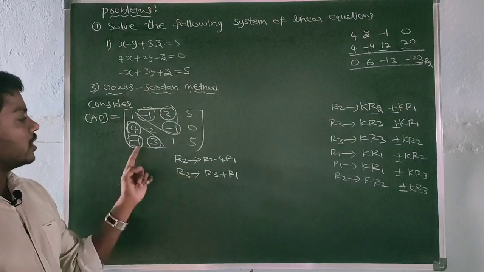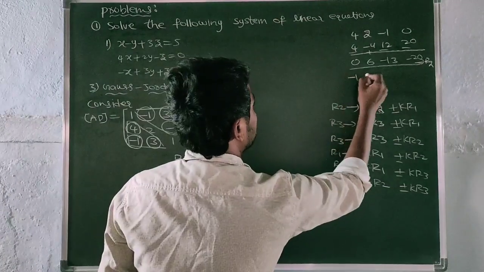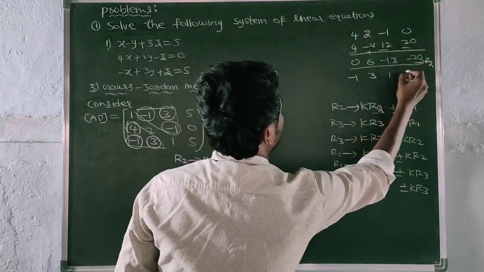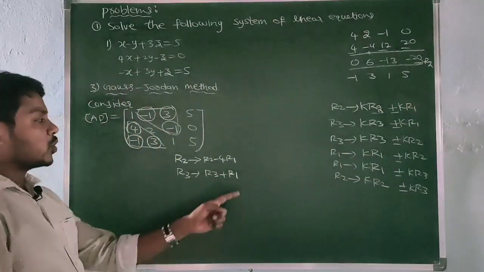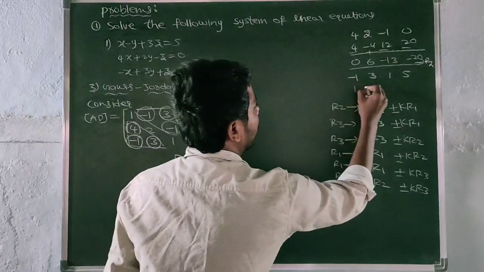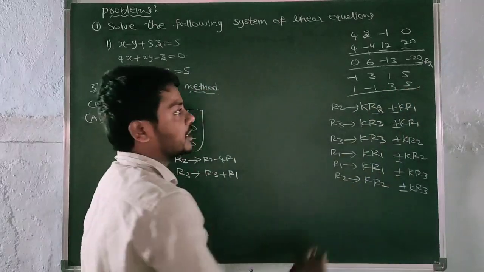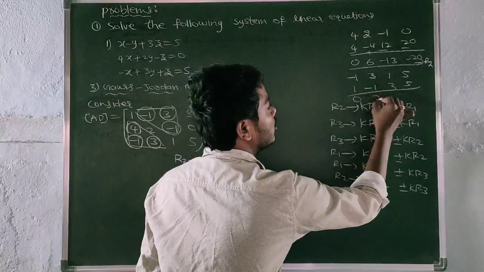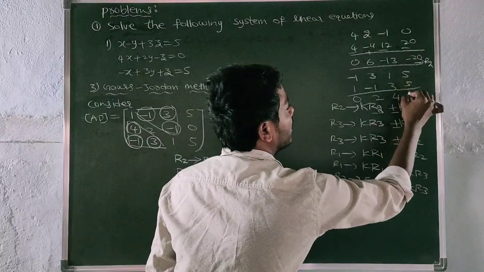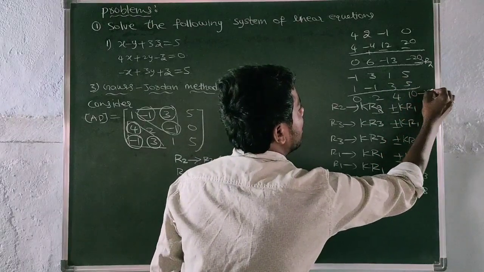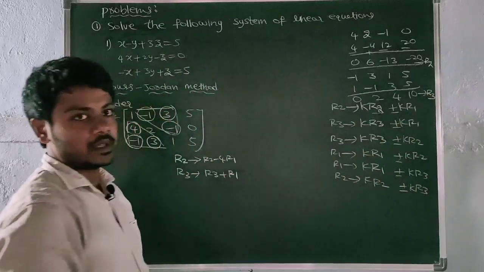See here, what is the R3 row? Minus 1, 3, 1, 5. Next, the R1 row: 1, minus 1, 3, 5. So add this, what you get? 0, 2, 4, 10. This is the R3 row.